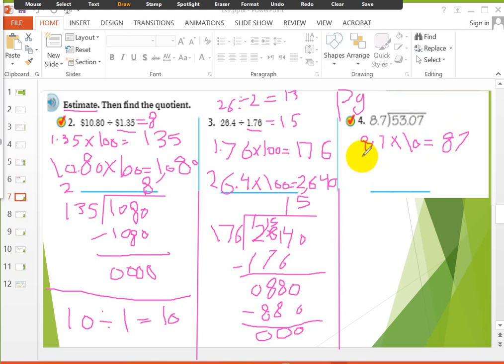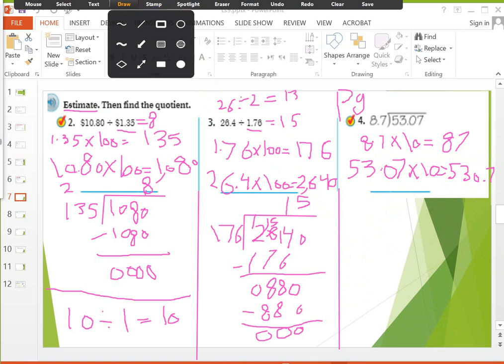So when you multiply the divisor with any number, you have to multiply the dividend with the same number. Okay, so you have to multiply it with what? With 10. Now if you multiply it with 10, the decimal point will move only one digit, so it will be right here, so the number will be 530.7 tenths.